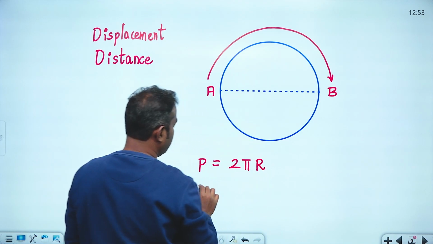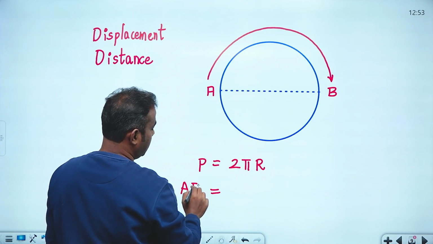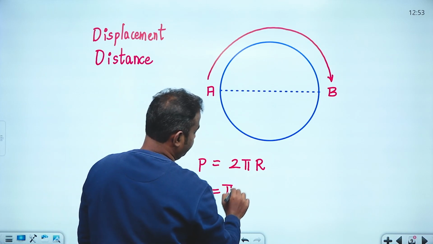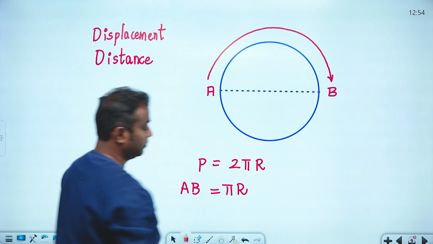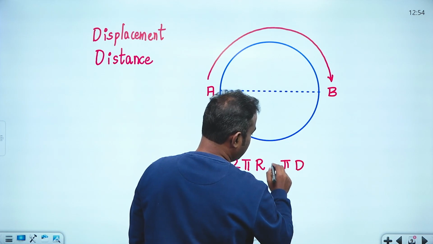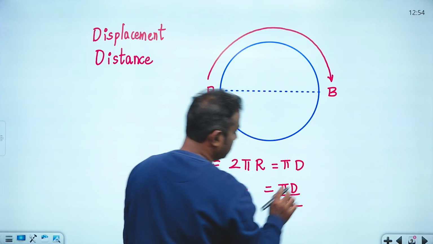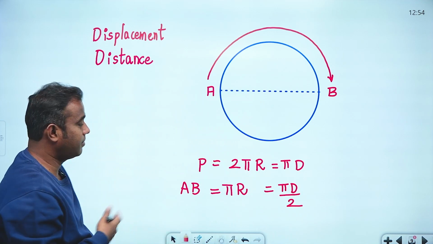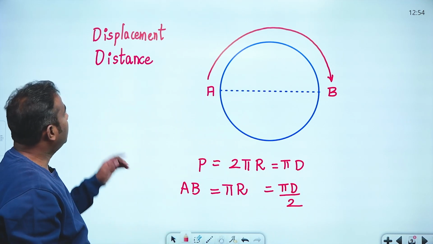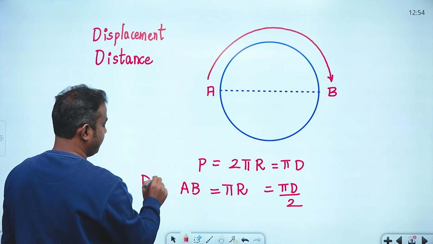So the distance from A to B will be pi r. Sometimes we can write it like this, pi d by 2, in some other way. And here this is basically the distance.